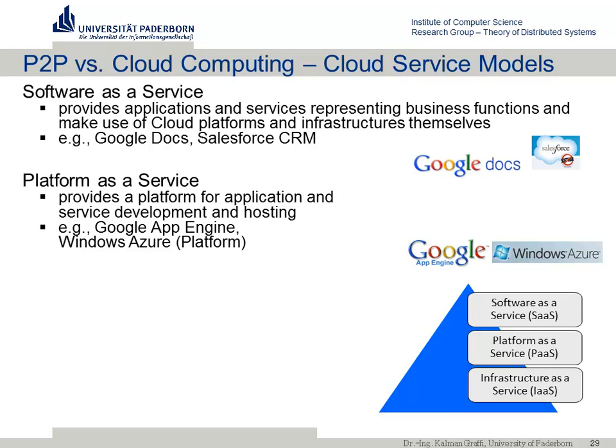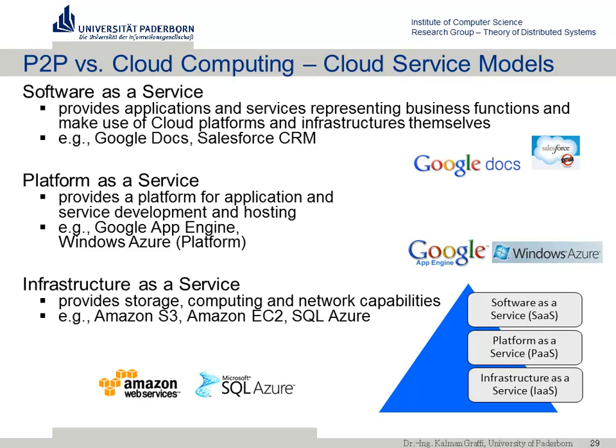But here you have to write your own application. And finally, infrastructure as a service, where you only buy the core resources like storage space, computing power, network capabilities. That's the very lowest type of cloud service, but it's also something that's requested.